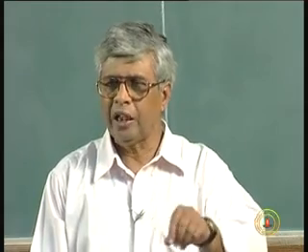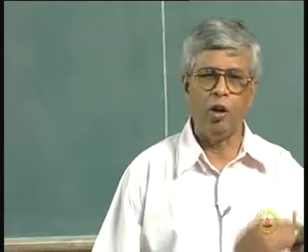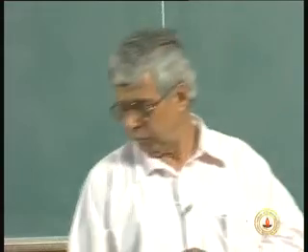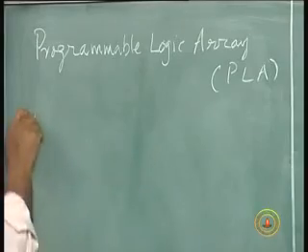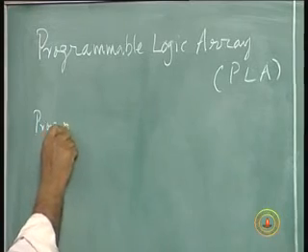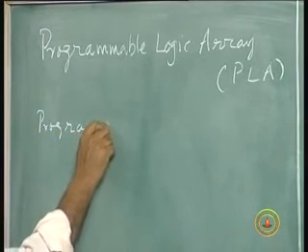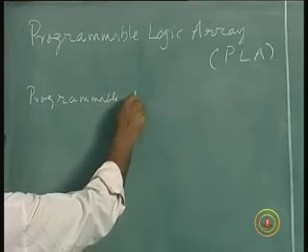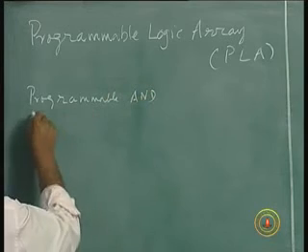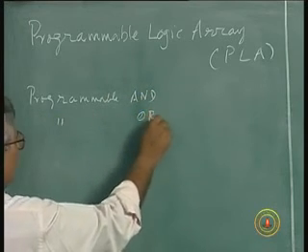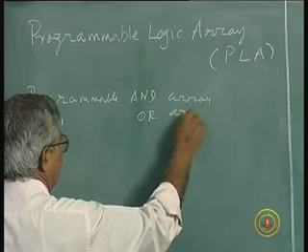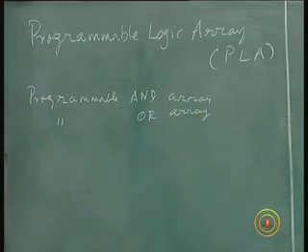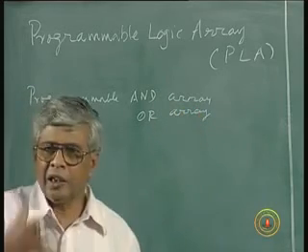Now if you can make the AND array also programmable, instead of having a fixed AND array to generate all the possible minterms, if I make a programmable AND array and the programmable OR array, then I can reduce the number of minterms to be generated depending on the given function.